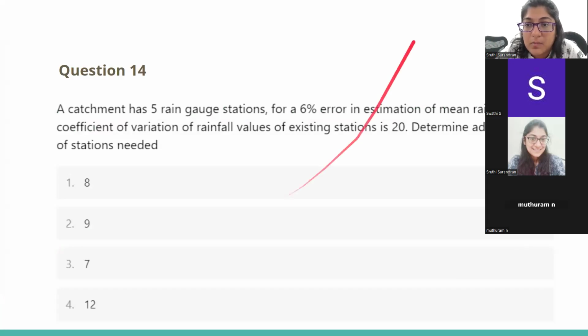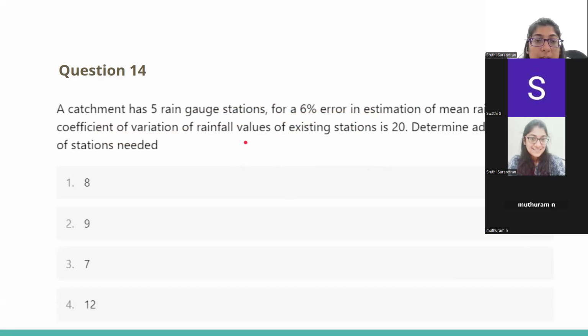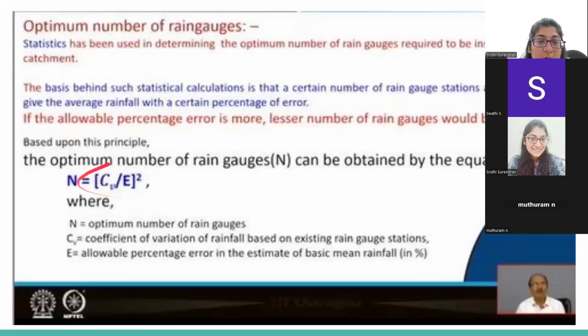Okay. Now this is again a numerical. A catchment is having 5 rain gauge stations. What is the number of additional stations required if a 6% error in estimation is allowed and a coefficient of variation of 20 exists? Maybe you can do this numerical after I give the equation.